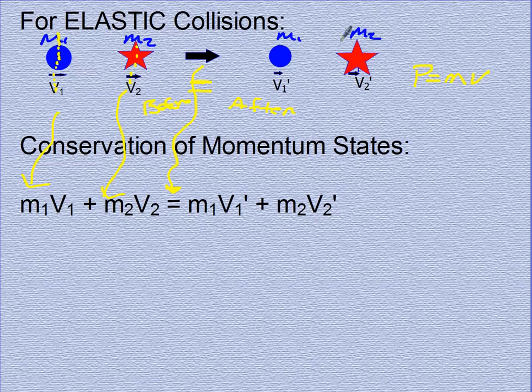On the after side, I have m1 times v1 prime, the momentum of the first ball after collision, and m2 v2 prime is equal to the momentum of the second ball after collision. Now you can see these problems can get kind of messy algebraically. So just put your numbers in and make sure you're as neat as possible.